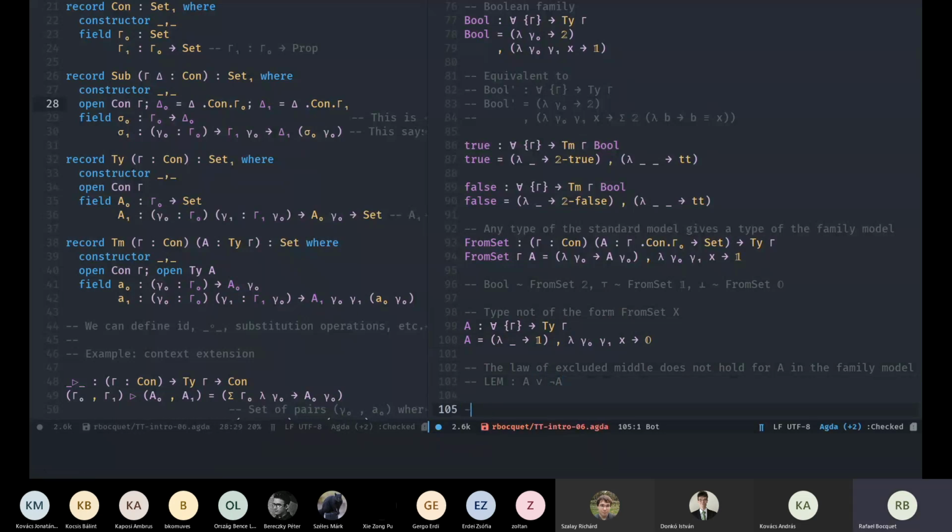Okay, so we will try to prove that there is no term Tm in Tm of gamma, well, Tm of the empty context, A or not A.